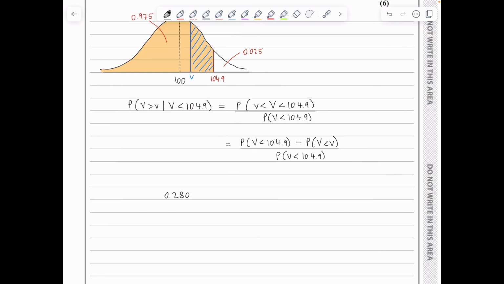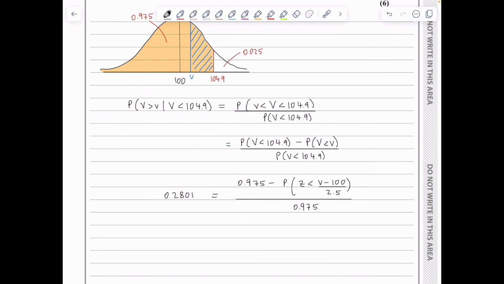The probability of V being greater than v given V less than 104.9 is given to be 0.2801, and this is equal to 0.975 minus the probability of Z less than (v minus 100) over 2.5, I'm standardizing here, over the probability of V being less than 104.9, which is 0.975.